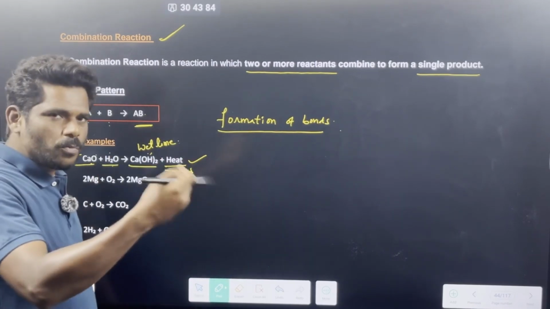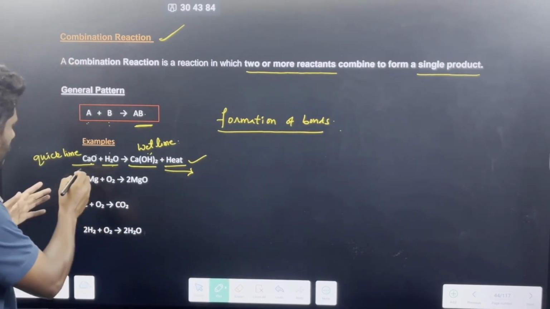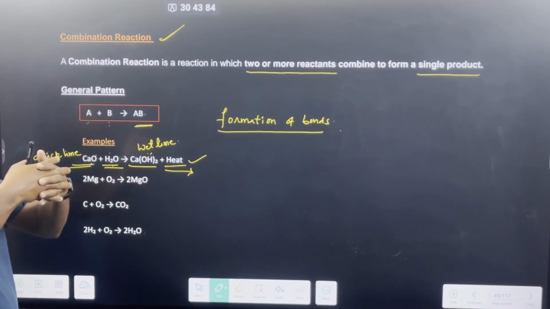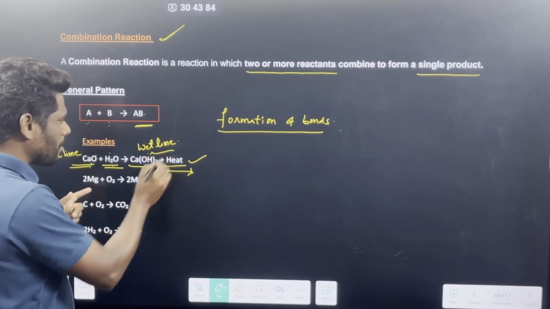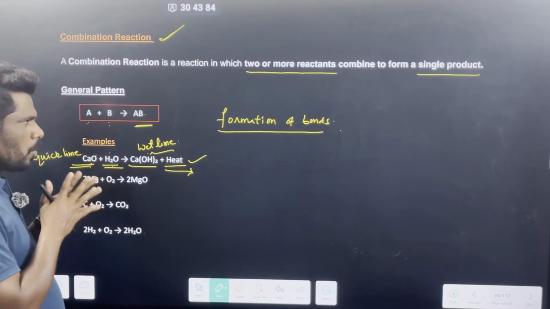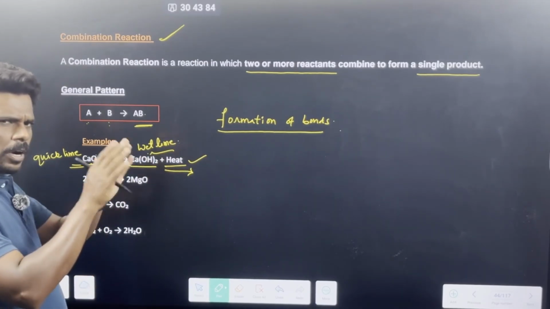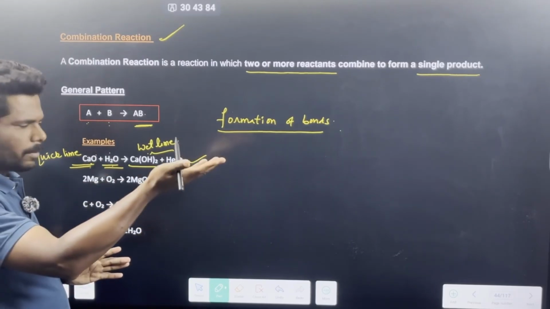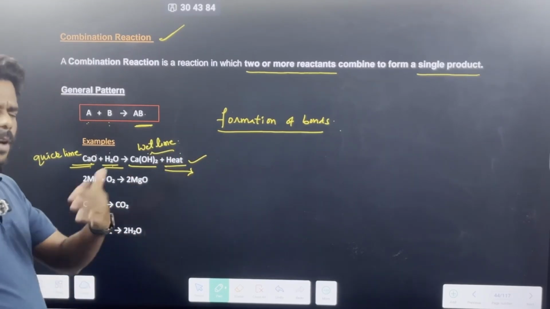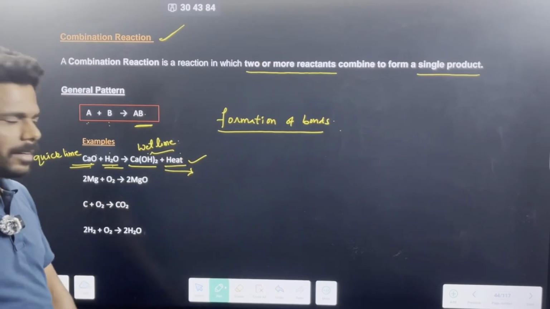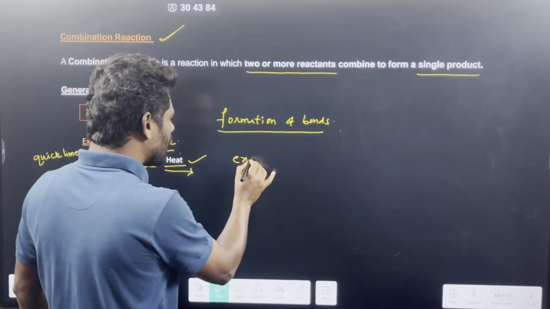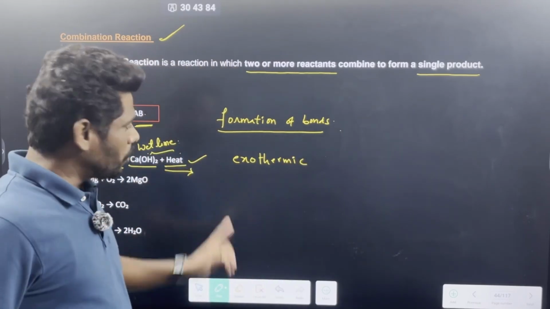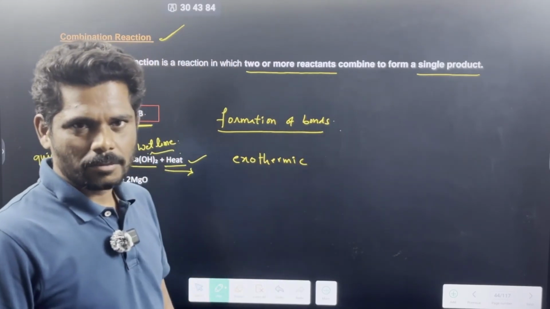Both calcium oxide and water are combining, so a new bond is formed between them. So they both together become stable. The formation of a new bond in chemistry usually gives energy. That energy which comes out is in the form of heat, and because of that reason, this reaction is also called an exothermic reaction, which we are going to learn in the next parts.